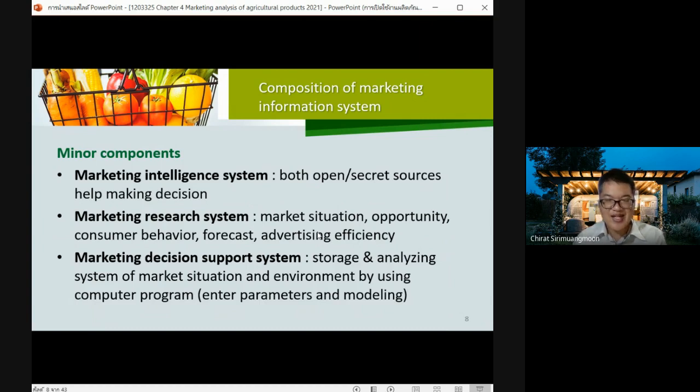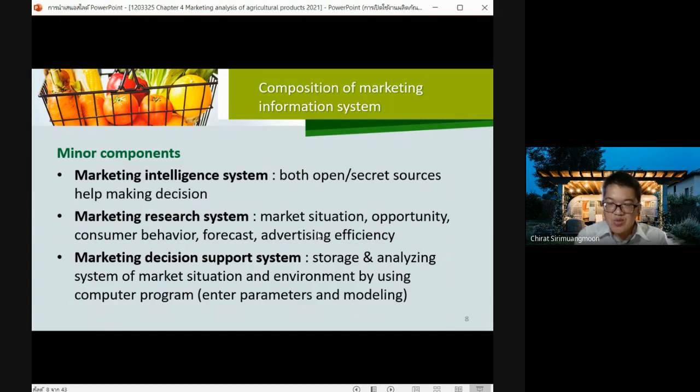Open sources are like information from newspapers, websites, or a person who knows something more. Secret sources are like information from the competitors. You might pay and get some information from inside. But I would say secret sources are not easy. Normally, you might not have a good chance to get that if they did not leak it.